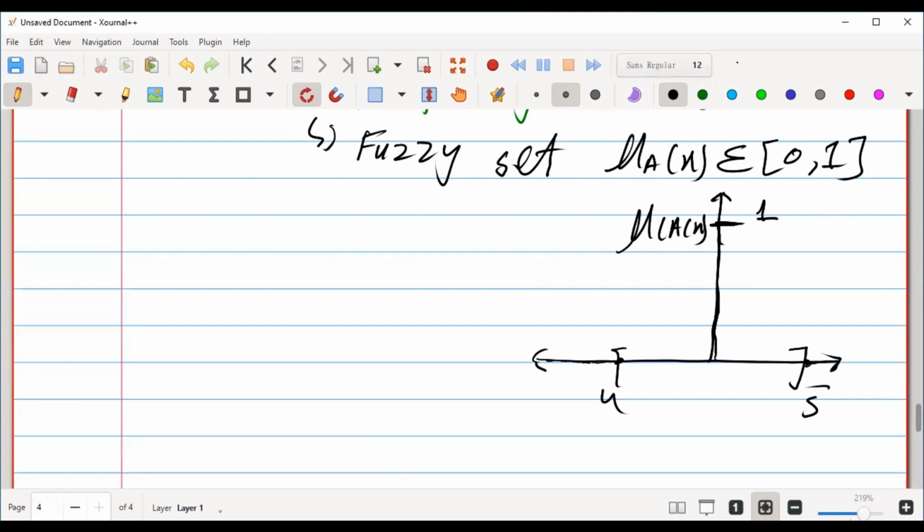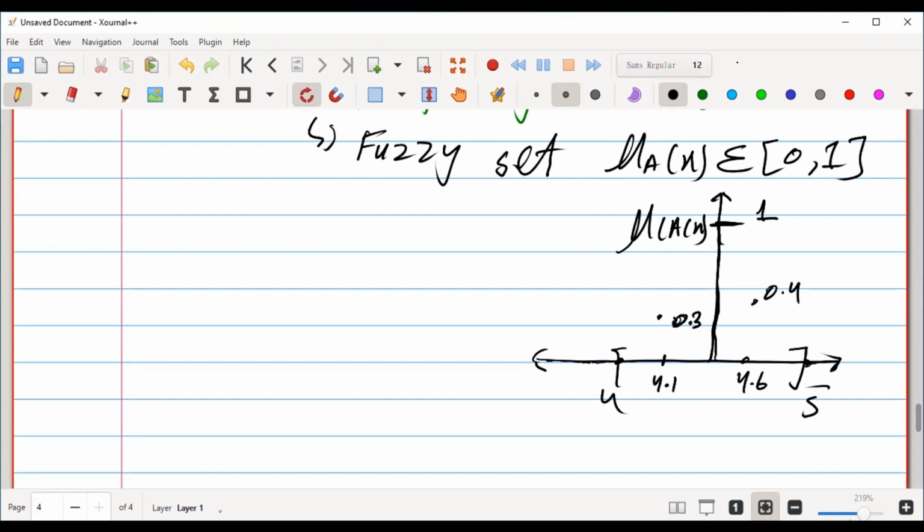Any number which belongs to between 4 and 5, its membership function must be between 0 and 1, like any number 4.1 in real number, its membership function is 0.3, or any number which is 4.6, its membership function is 0.4.